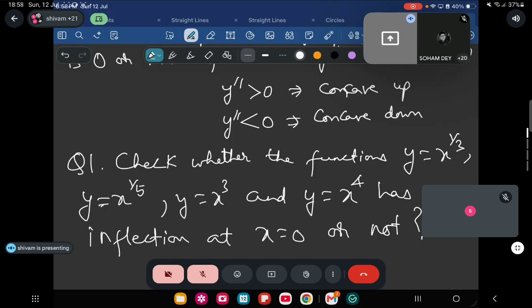Which one will have? Okay, Agnimitra, check your answer again.